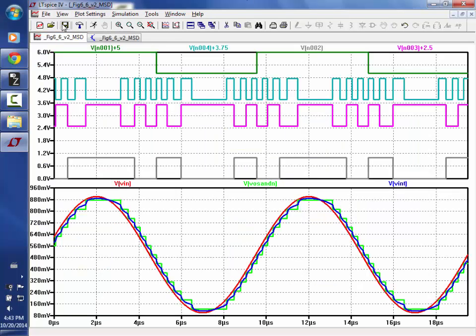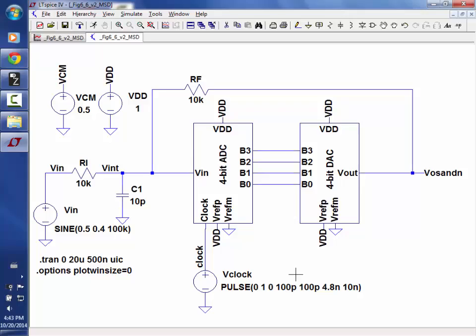And the other thing is it's not really doing noise shaping because the integrator is just basically following. Wait, something's not right because it basically doesn't even have this connected.